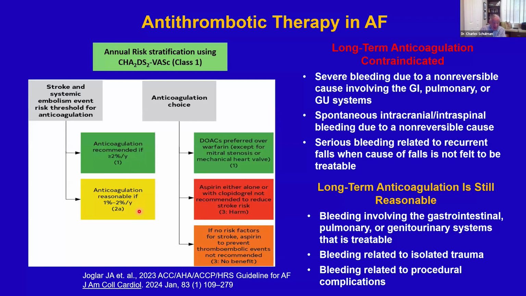It's reasonable, class 2A, if the risk is between 1% and 2%, or with a CHA2DS2-VASc score of 1.